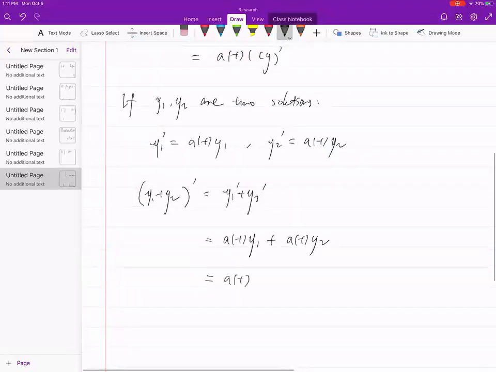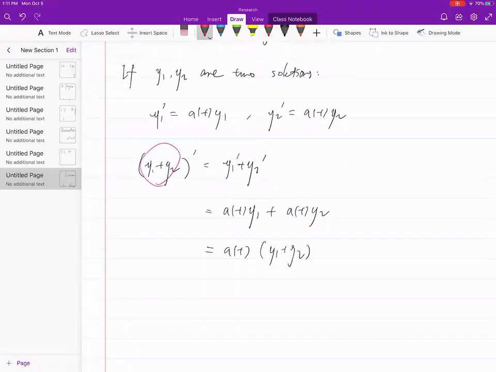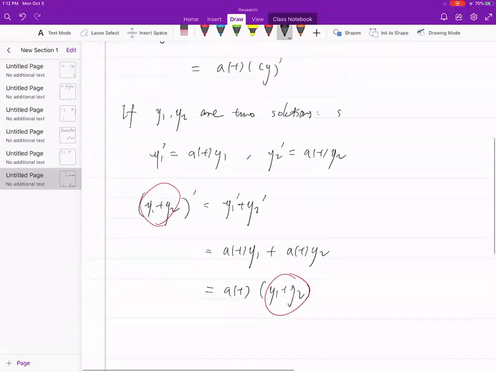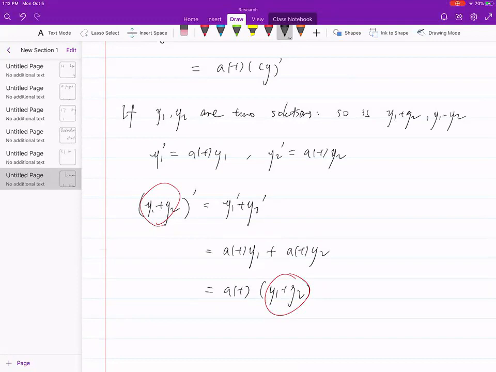You can factor out A(t) and get A(t) times y1 plus y2. So something prime equals A(t) times something itself. This implies so is y1 plus y2 or y1 minus y2. That's what we can get from the homogeneous case.